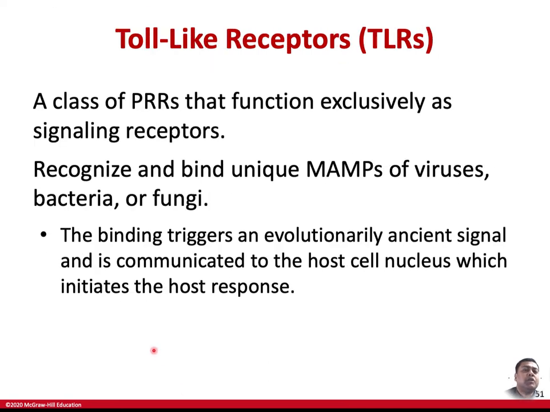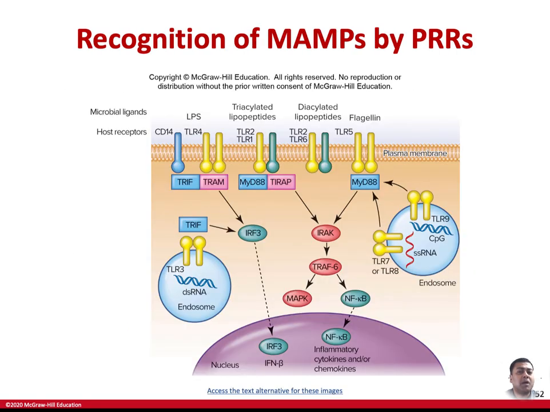One of them is the toll-like receptor we already talked about. It functions exclusively as a signaling receptor, recognizing and binding the unique MAMPs of viruses, bacteria, and fungi. Binding triggers a signal that is communicated to the host cell nucleus, which initiates the host response. As you can see, the toll-like receptor can be present on the plasma membrane. There are many different types: TLR4, 2/1, 2/6, 5.